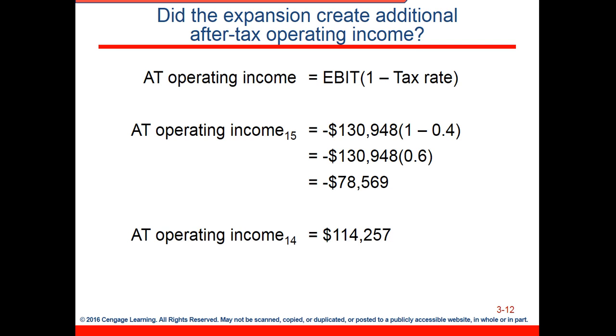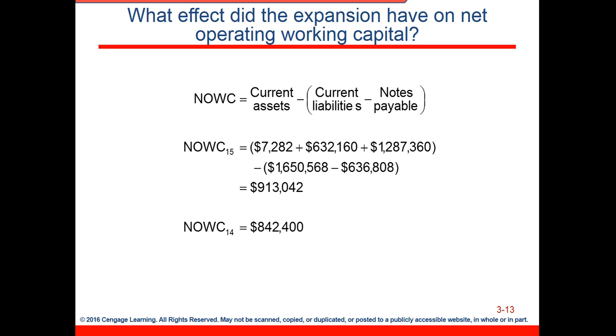If you want to compare that to the after-tax operating income from 2014, it was $114,000. So we are seeing a significant decrease in after-tax operating income. Net operating working capital was $842,000 in 2014, and that increased due to expansion to $913,000.